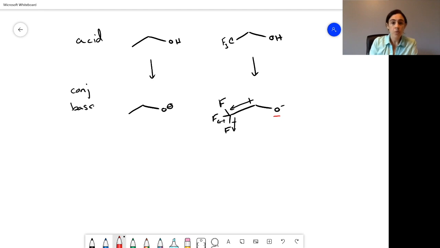So this will allow for the slight dispersion of electrons through the sigma system better than this. So we can create a dipole which pulls electron density away from the carbon-oxygen bond and towards the fluorines.